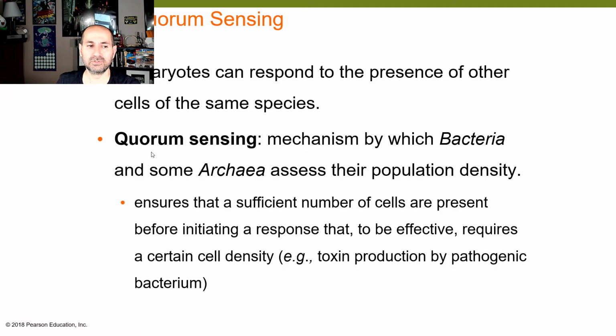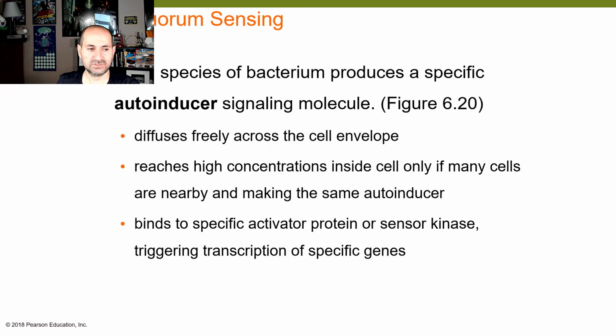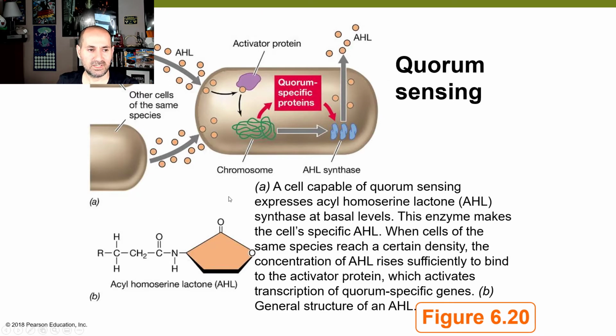And the way they sense how many of themselves are around is by sensing this auto-inducer signaling molecule. Remember, the auto-inducing signal molecule acyl homoserine lactone, AHL. They release AHL until it's in sufficient concentration to switch on quorum-specific gene expression.